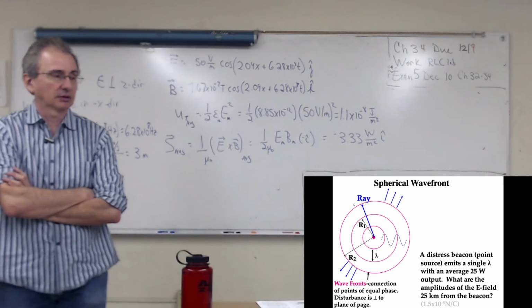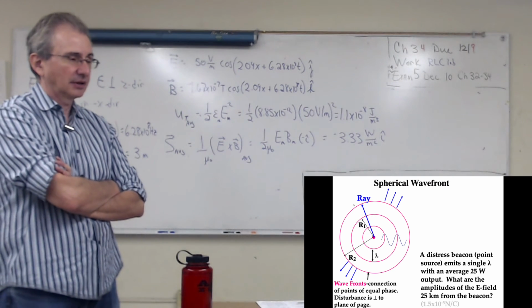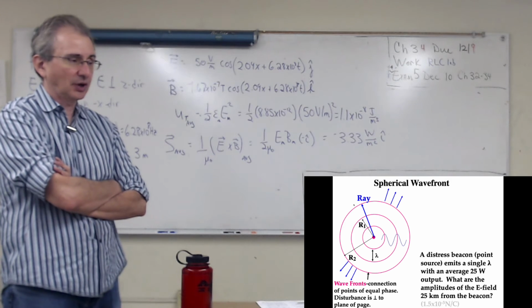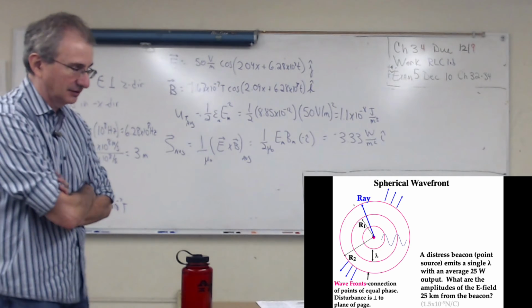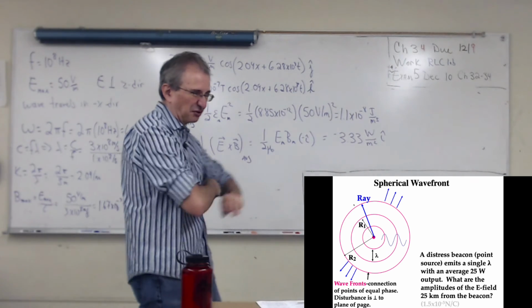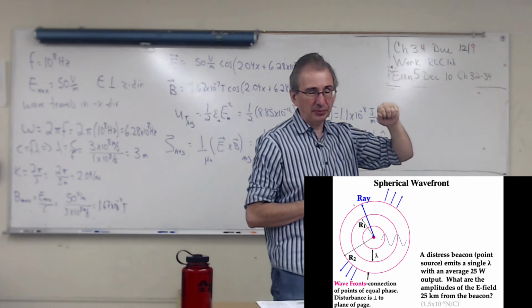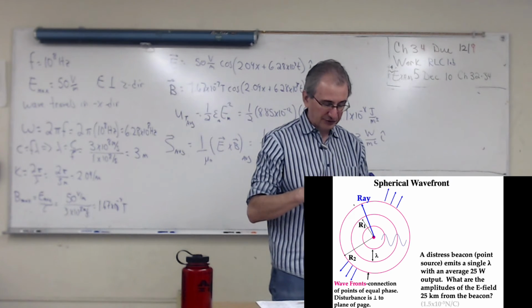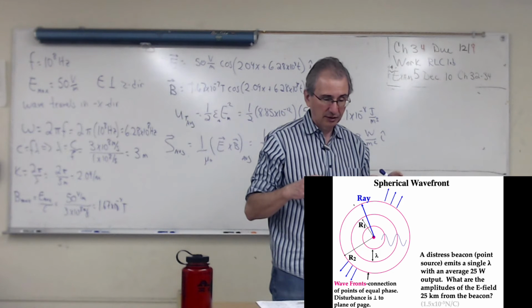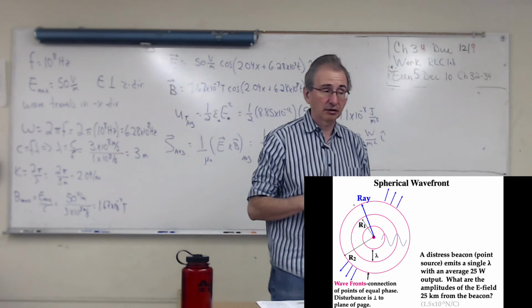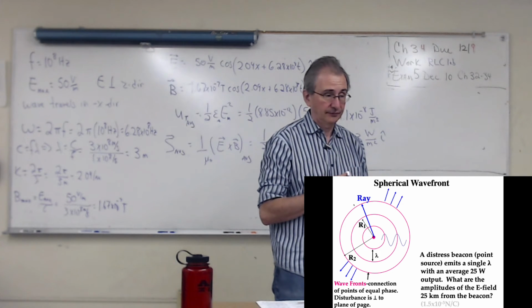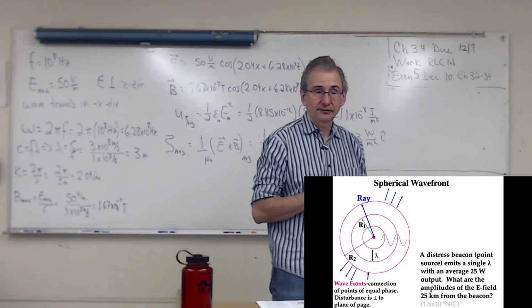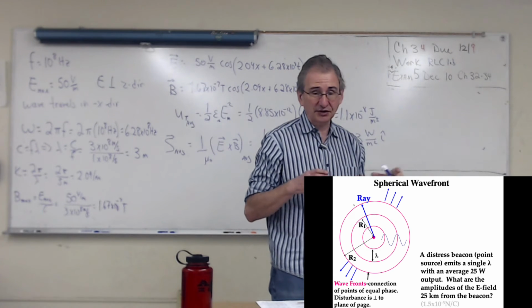Suppose we have a source of waves that's spherical. It's like when you take a pebble and drop it into a pond, you get a bunch of circles, and as the wave travels outward, the circles get bigger. The energy in each one of those circles is the same.